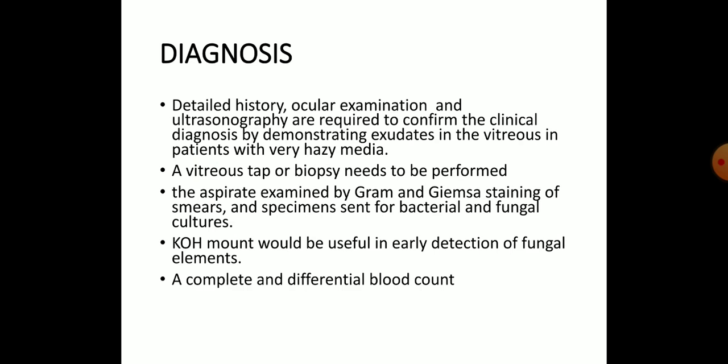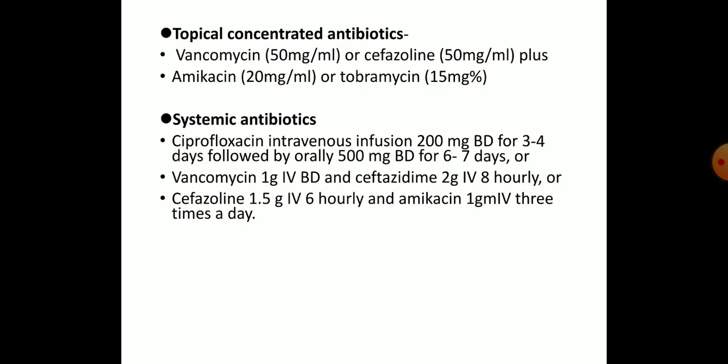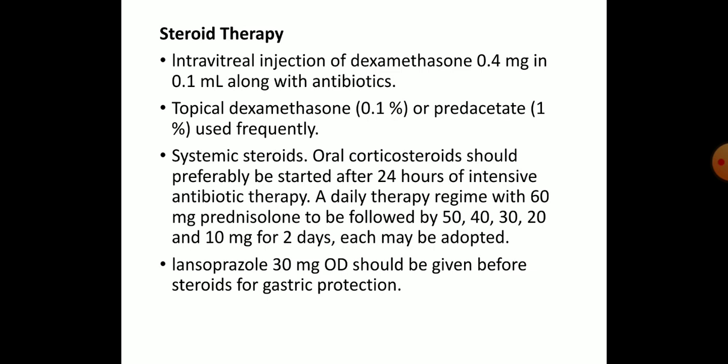Then diagnosis: you take the history, you examine, you can do a USG, and the exudates can be aspirated and sent for staining and microbiology, and you can identify the organism. So treatment: you give antibiotics, which are intravitreal, topical concentrated antibiotics, and systemic antibiotics. So usually these are given.